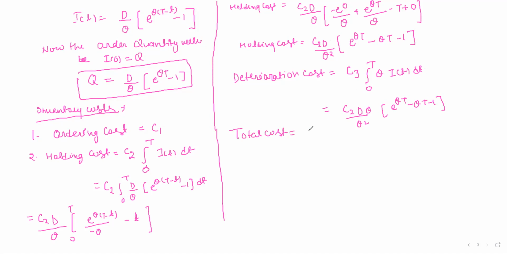Now the total cost. The total cost will be ordering cost plus holding cost plus deterioration cost.